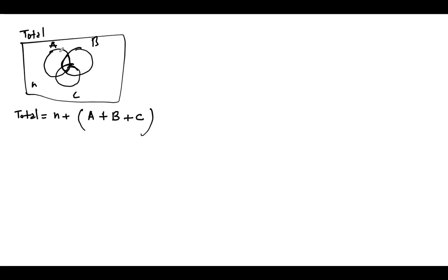Then I have considered A and B 2 times, hence I am subtracting A and B. Similarly, for set B and set C, this region is included 2 times, hence minus B and C. Similarly for set A and set C, 2 times, minus A and C.